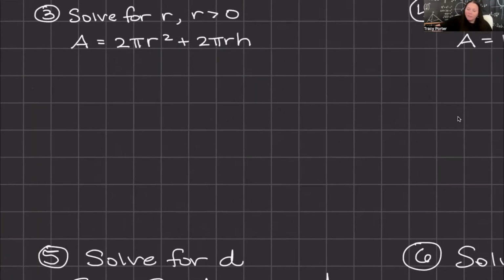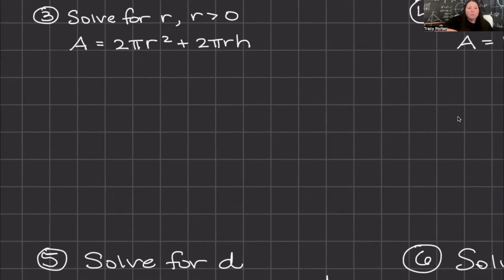Next example, number 3, solve for R. It really just says the positive R, right? R is greater than 0. This one is interesting because R is squared. So you have a squared term, but then you also have another R here. So basically we have a quadratic.